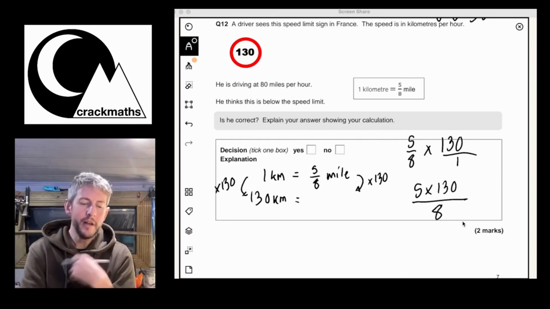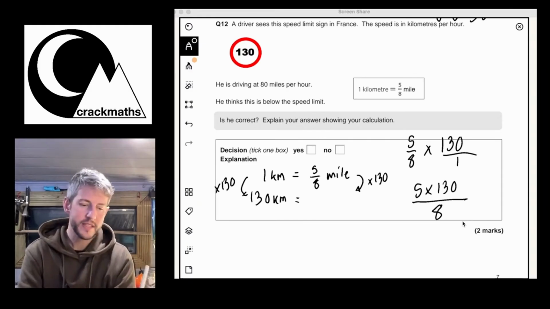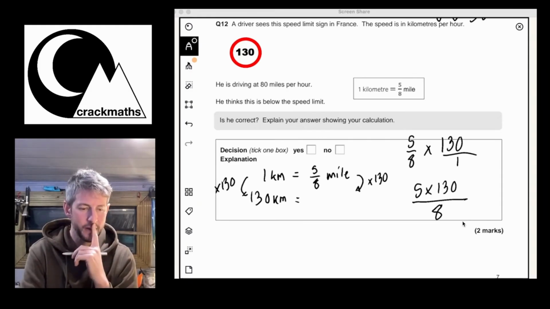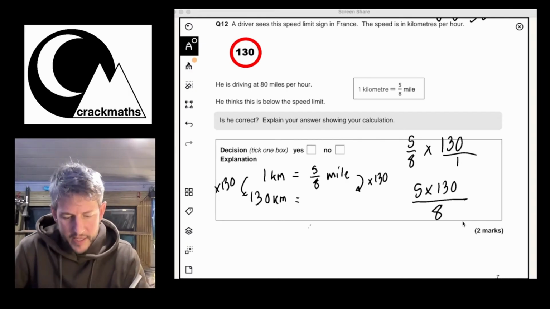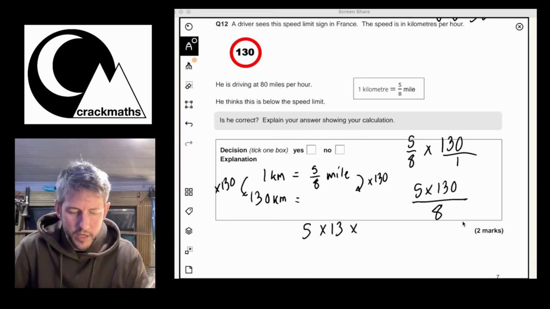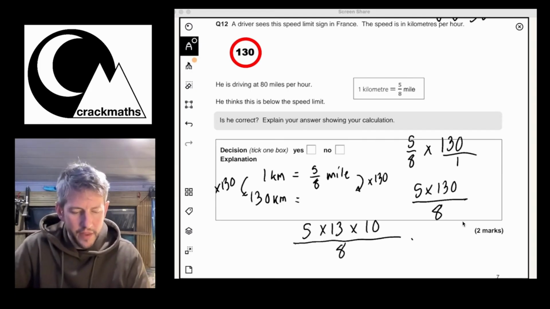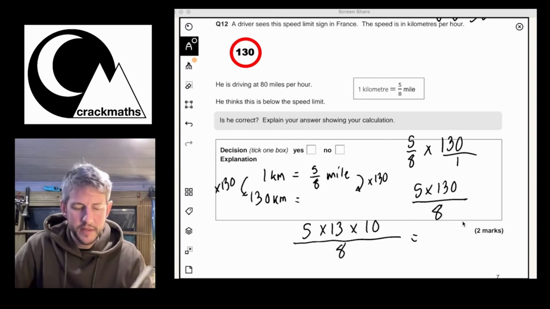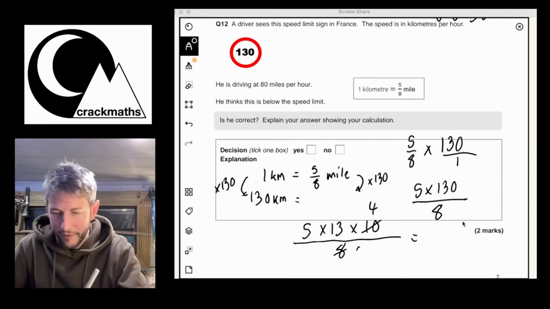Okay, I'm going to look to simplify this a little bit before I work it out, because there's no point doing the whole calculation if I can simplify a little bit first. I'm going to treat this as 5 times 13 times 10 all over 8, and then simplify.